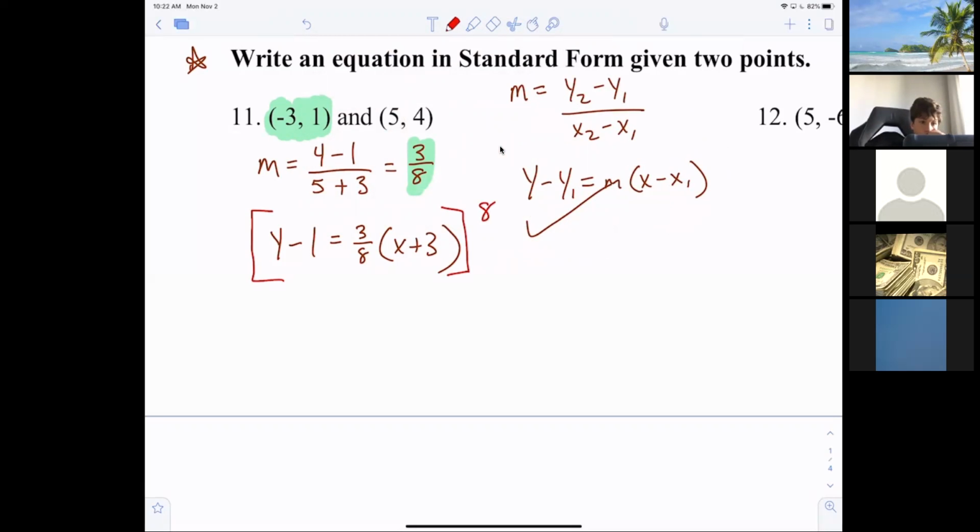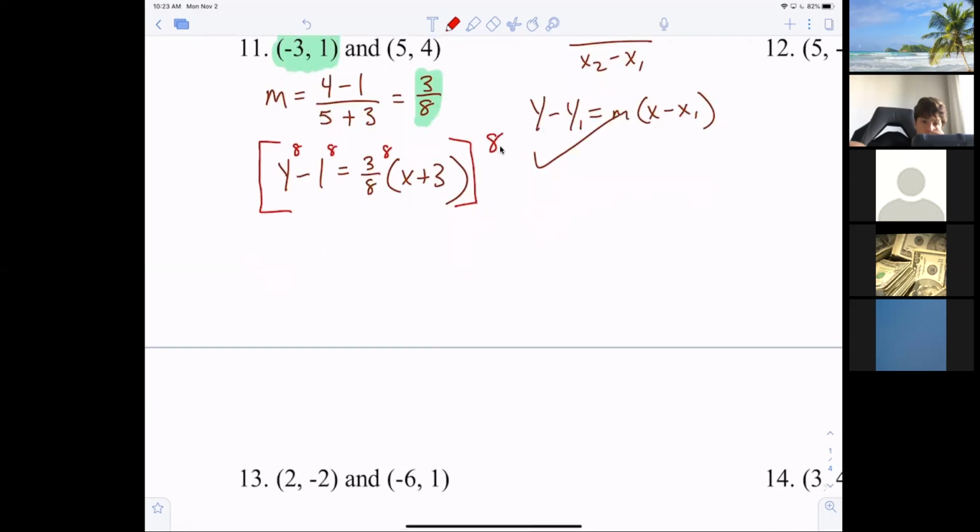Now I'm going to put an 8 here. I'm going to put an 8 here. Now, if I multiply y minus 1 times 8, that becomes what? 8y minus 8 equals.